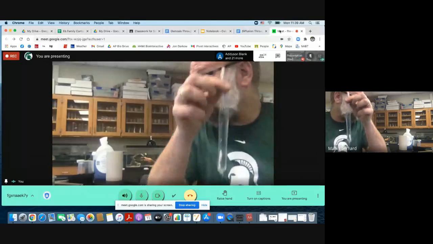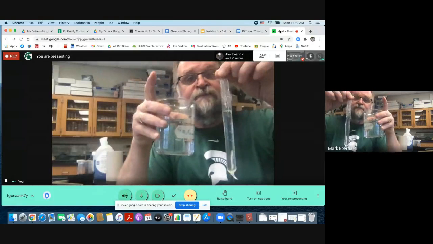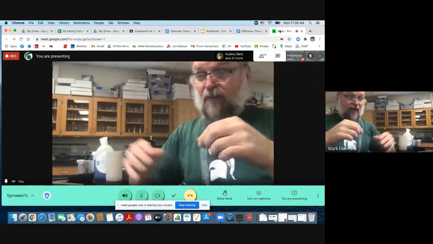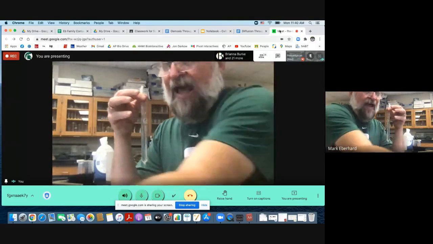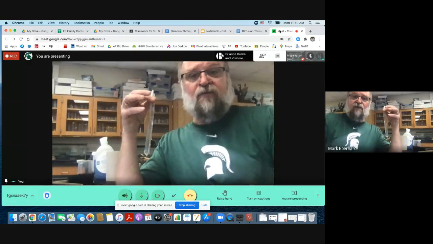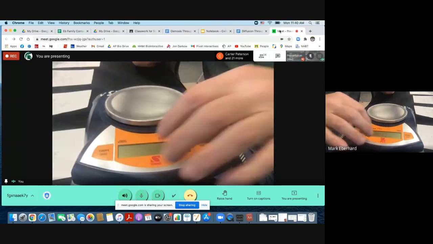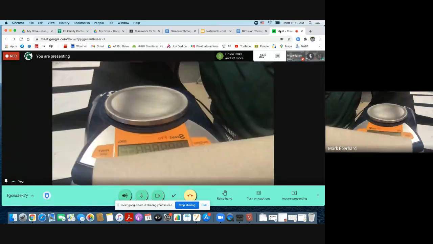And then before I placed it in its beaker, which in this case is only water, I weighed it. I got its mass so that I had a way to track whether it was gaining or losing mass. So I took a scale like this one. Well, actually, this is the scale I used. I took a piece of paper towel.